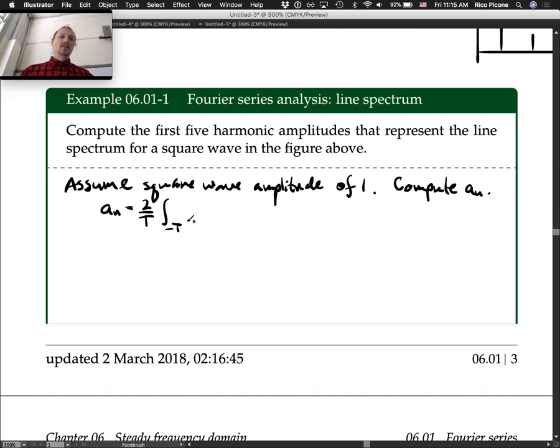Let's just use this negative T over 2 to T over 2 period. We could use from 0 to T if we wanted as well. That would be fine. Sometimes there's a more convenient choice for the period and a less convenient choice.